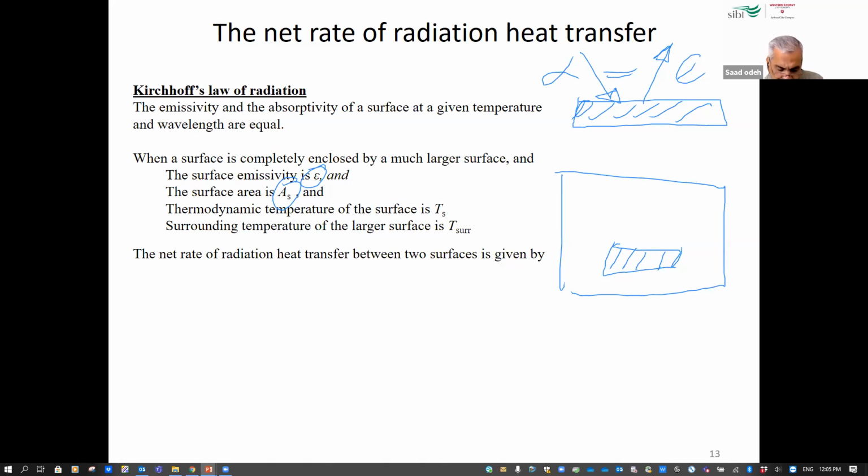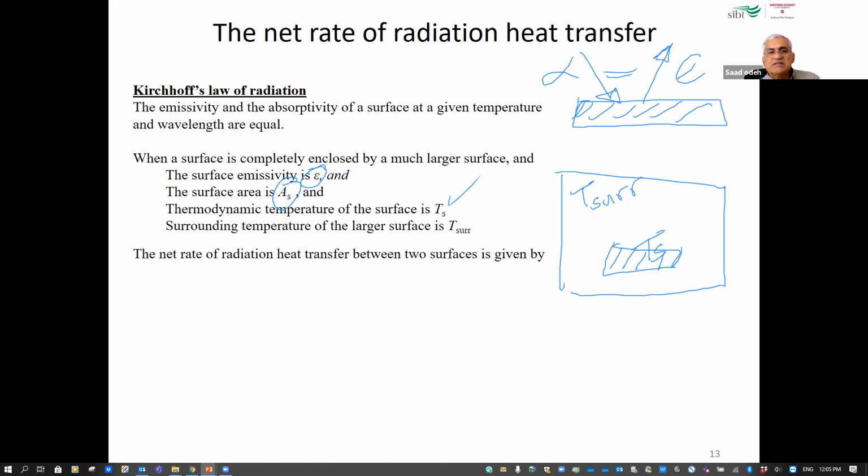So this is Ts, the temperature of the surface, and also the temperature of the surroundings, T surroundings, right?